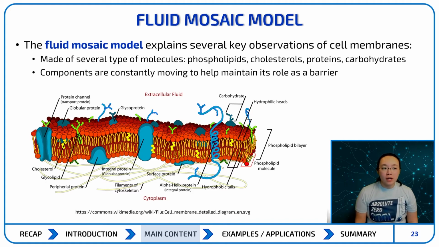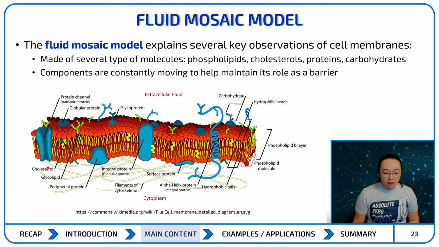So what the fluid mosaic model explains is that, number one, your lipid membrane isn't just made up of lipids, it's made up of many different things. You can have simple proteins attached to your membrane, or you can have different surface and integral proteins partially integrated or just on the surface of your lipid membrane. You can also have different carbohydrates, or you can also have protein channels.